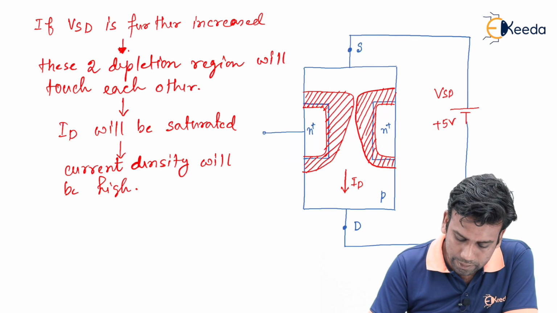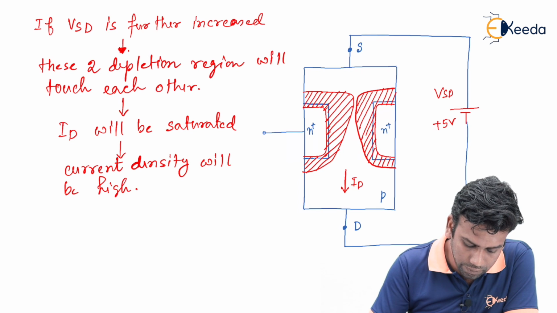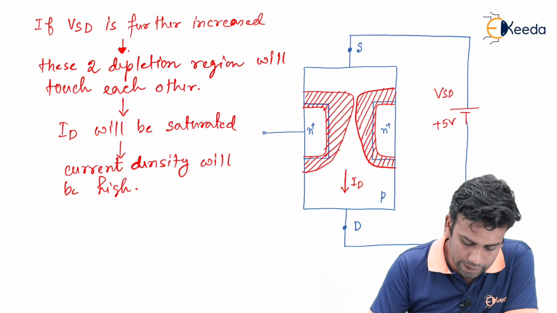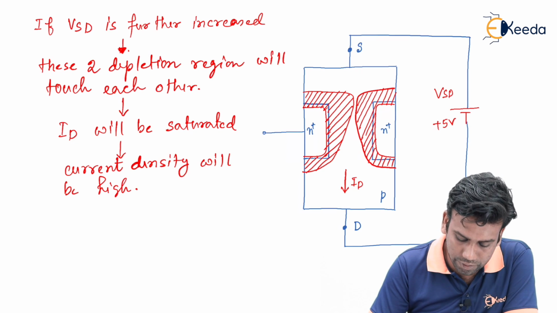But never think that due to this touch of two depletion regions the ID current will be 0. ID current will be saturated but not 0.